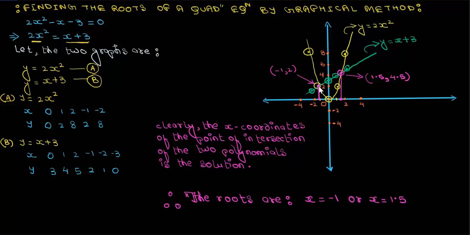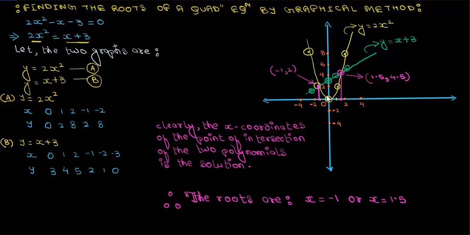So I see that this point is the point of intersection whose coordinates are minus 1 comma 2. So minus 1 comma 2, this point is common to both y equal to 2x square and the line y equal to x plus 3.